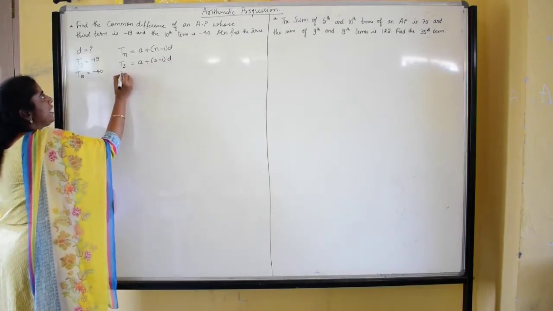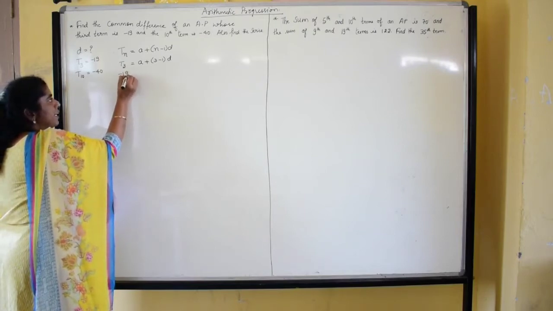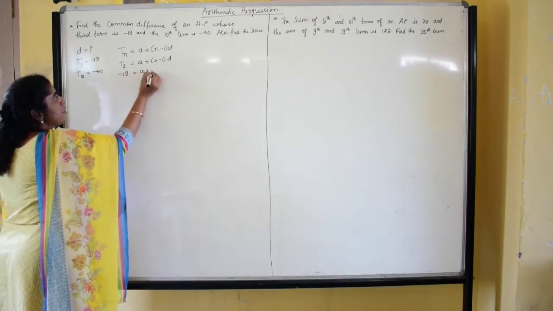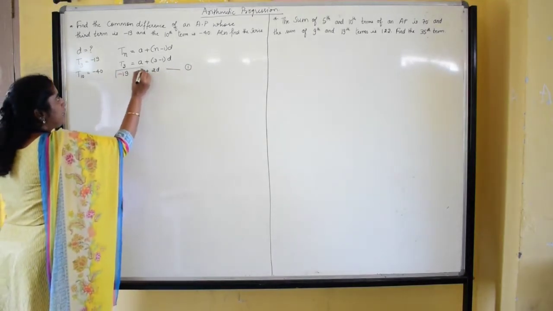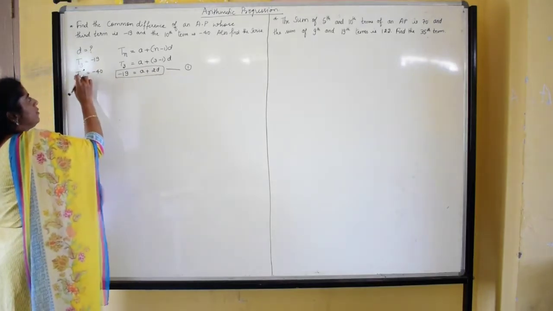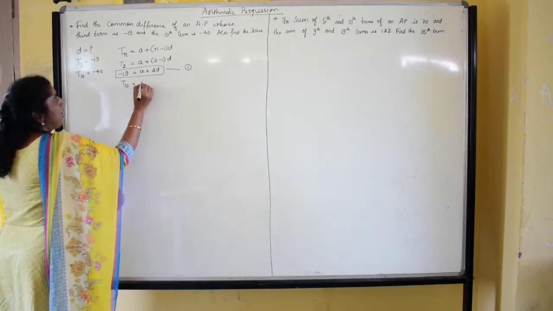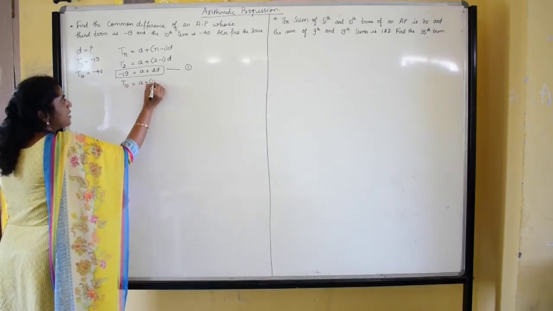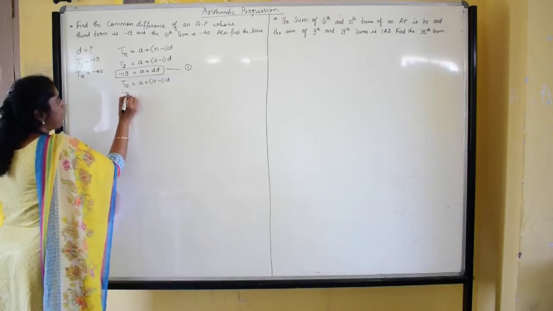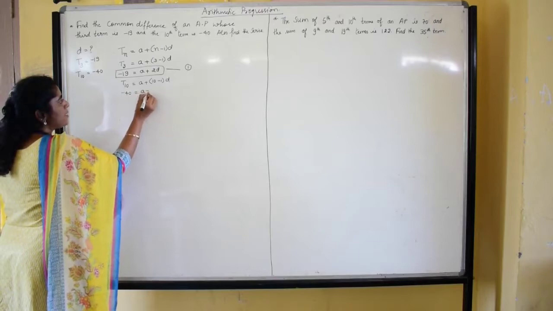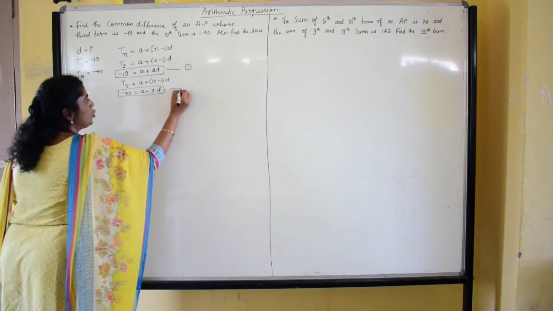T3 is minus 19, so minus 19 is equal to A plus 2D. Consider this as equation 1. Then take the 10th term. T10 is equal to A plus (10 minus 1) D. So T10 is minus 40, which is equal to A plus 9D. Consider this as equation 2.